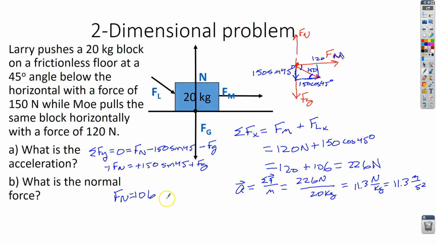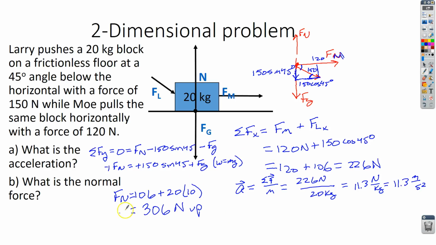It's the same as 150 times the cosine of 45 plus, and then remember Fg is just weight, and weight is just equal to mass times gravity. So our mass here is 20 kilograms. We're going to multiply times our value that we use for gravity, which is about 10 meters per second squared. Now we know that the normal force is about 306 newtons, and it is pointing in the up direction.